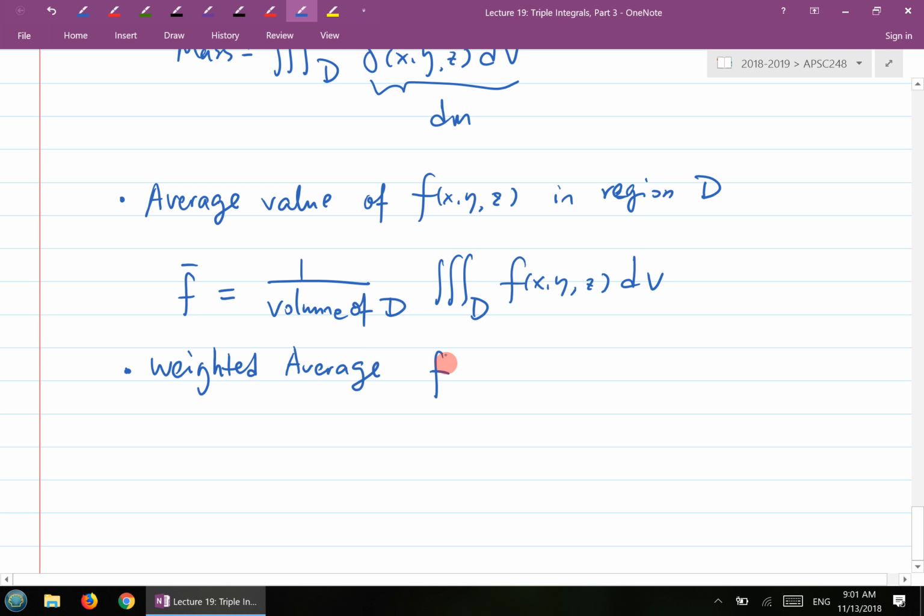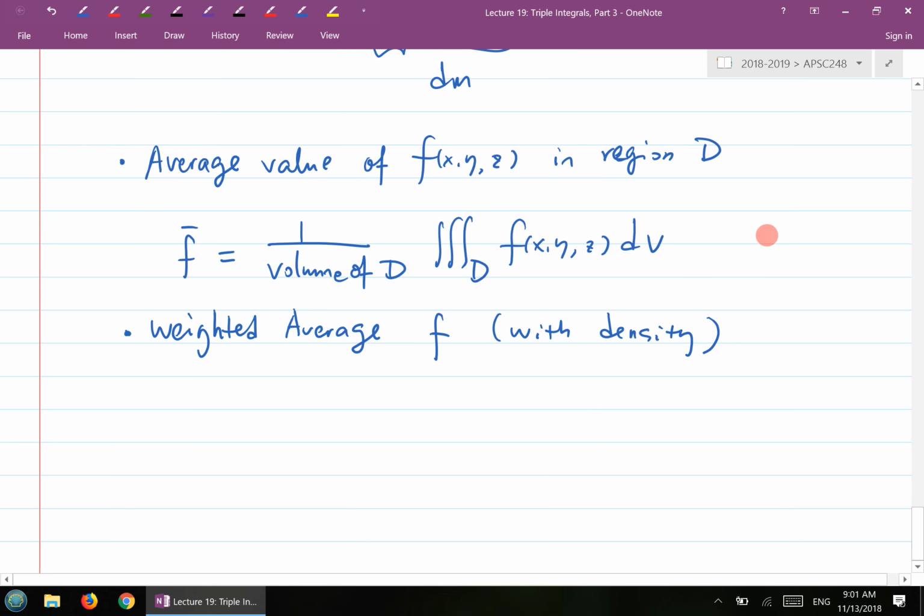So this is the average, and then we have the weighted average. For the weighted average, we use a density function, like in the double integral, as the weighting function. So we can use a similar one here. f bar equals 1 over the mass of the region D. If you have a solid represented by the region D, this is basically what it means: 1 over the mass of the object times the triple integral of function f.